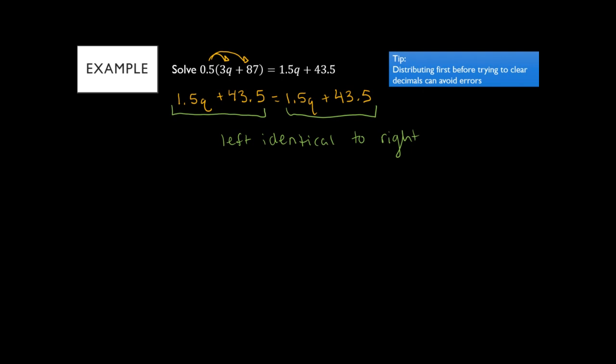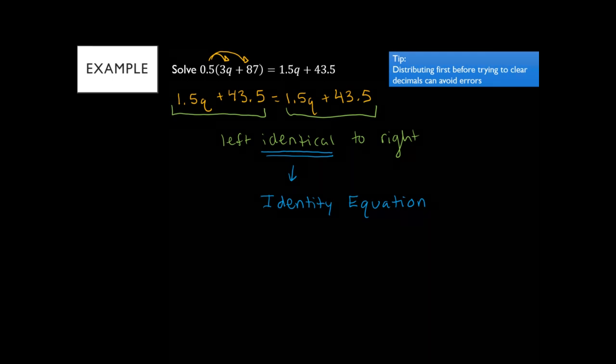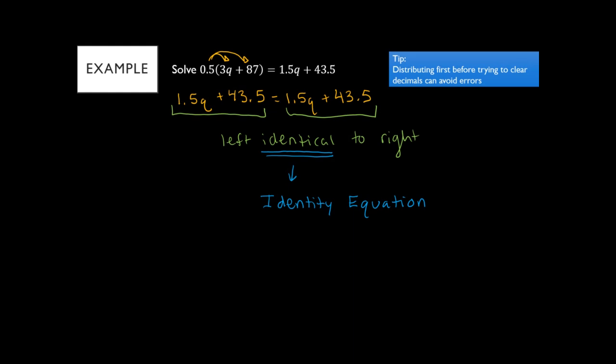So the left side is identical to the right. And when you see that key word identical, it tells us that this is what's called an identity equation. And an identity equation has infinite solutions. So anytime you notice that the left side is equal to the right side, you basically don't have to keep going because you already know the solution.